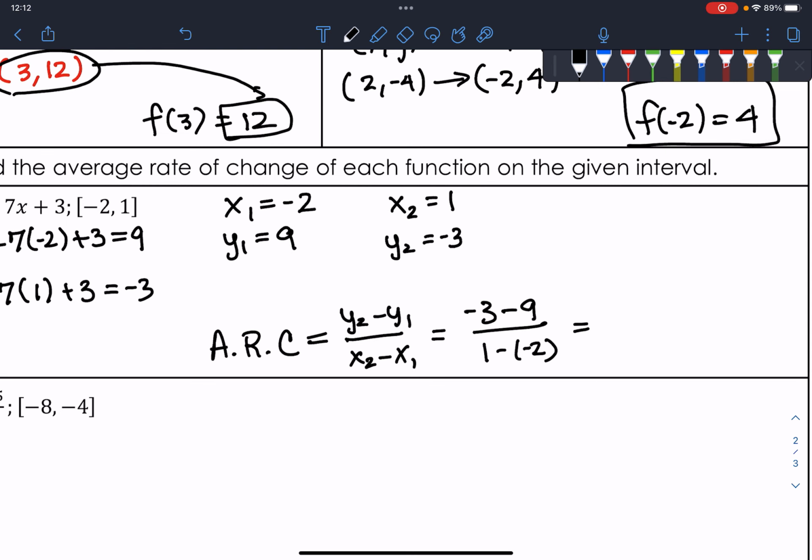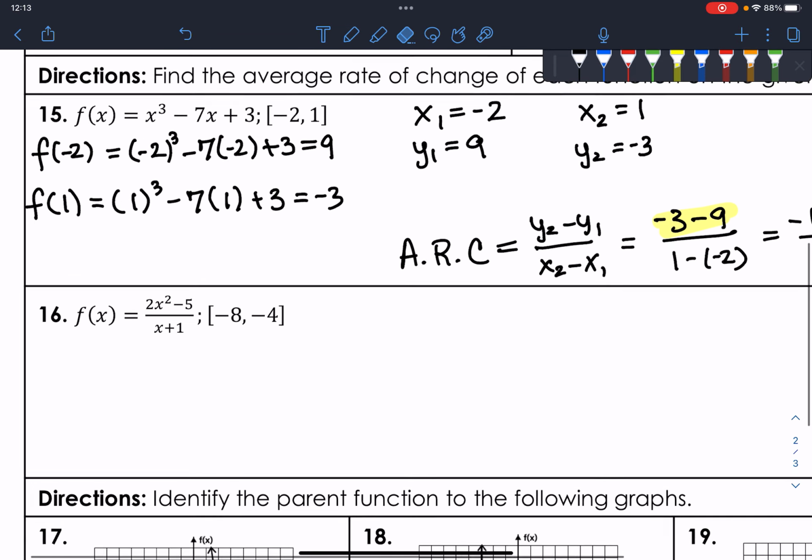If I take this one value at a time, the numerator equals negative 12. The denominator is equal to 3. And dividing this out, it equals negative 4. So there is your average rate of change.